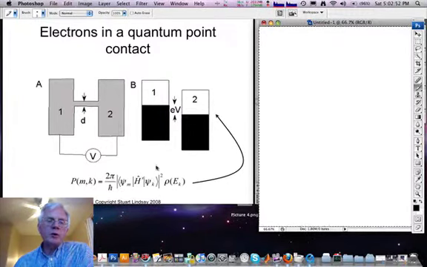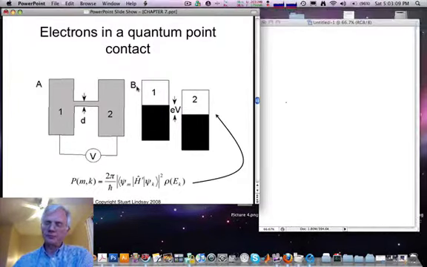If the two are in contact, the transmission probability is unity, and so we are left just with counting the number of states available for electrons to make a transition from here to here. Let's make this quantitative.